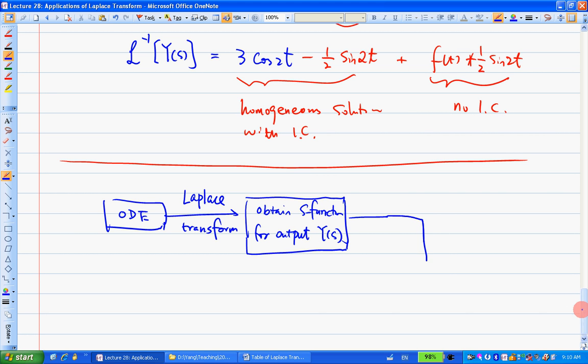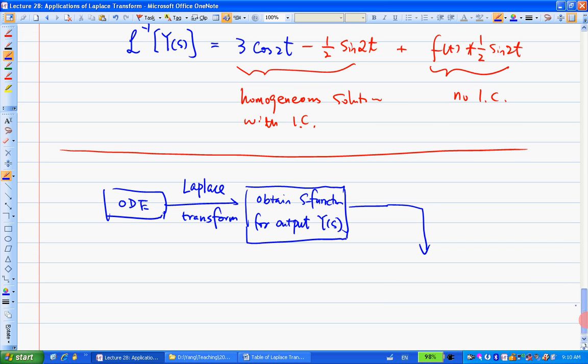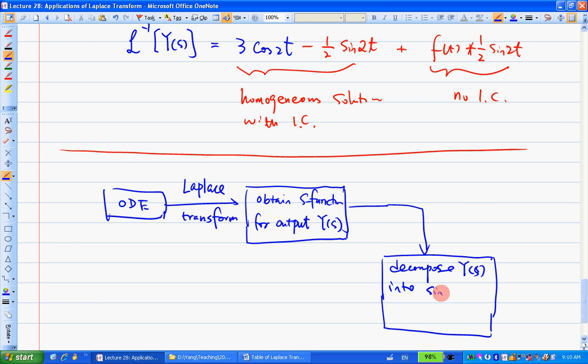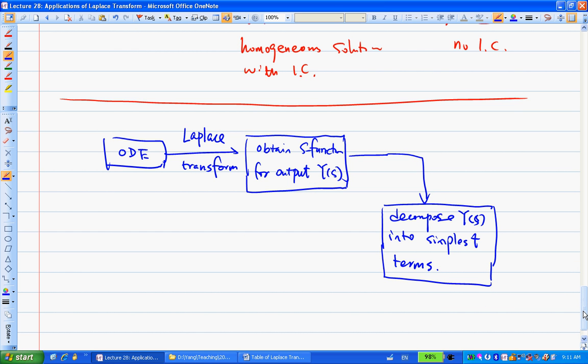Then the next step, the objective is to solve for y of t. So you decompose this Y of S into the so-called simplest terms.